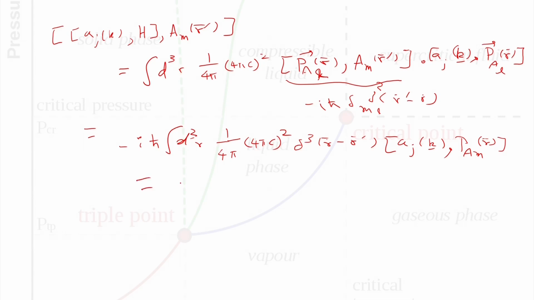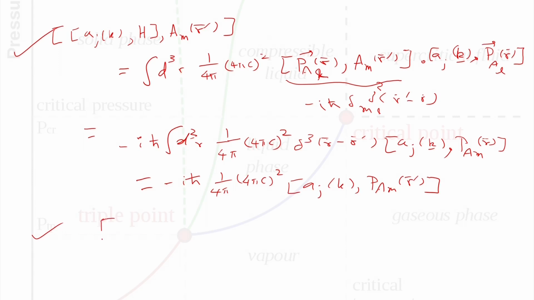So, because of the Dirac delta function, this becomes minus i h bar 1 over 4 pi times 4 pi c whole squared times a j k commutator p a m r dash. So, this is on the one hand, but on the other hand this.